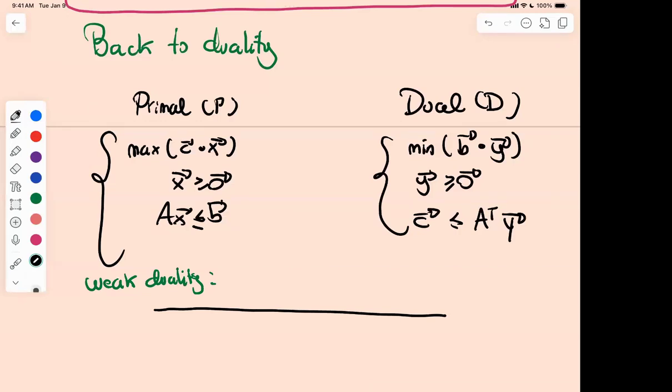In a picture, let's say this is where the max of the primal problem occurs, and you have all these potential values on the number line. What weak duality says is that any value here would be higher than all the values in red. The values for the minimum would be the min of the dual, if they're finite numbers. I'm drawing the picture in the case that they are finite numbers.